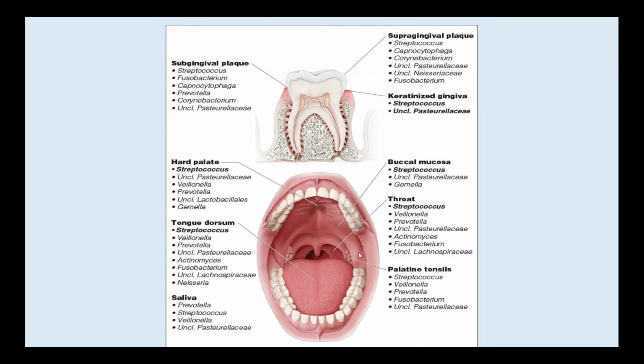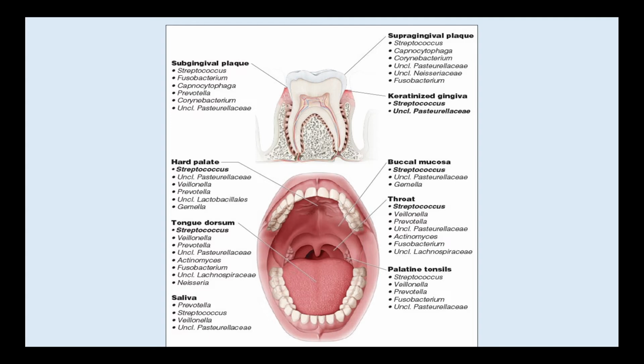In saliva, Prevotella, Streptococcus, Veillonella, Pasteurellaceae. Palatine tonsils: Streptococcus, Veillonella, Prevotella, Fusobacterium. In other words, look at these, and as you understand, the genus and species which will be studied is Streptococcus.